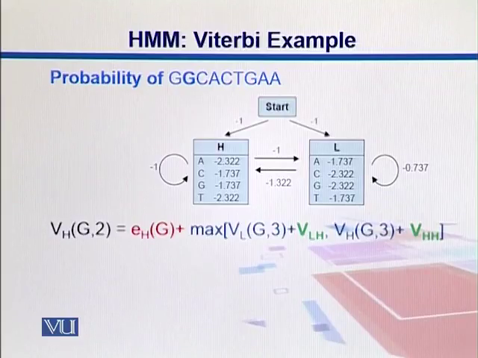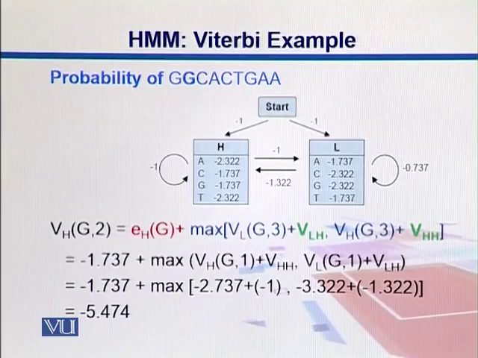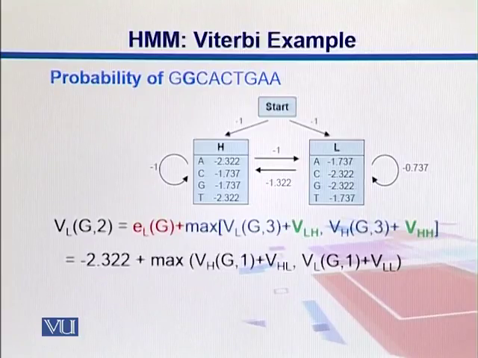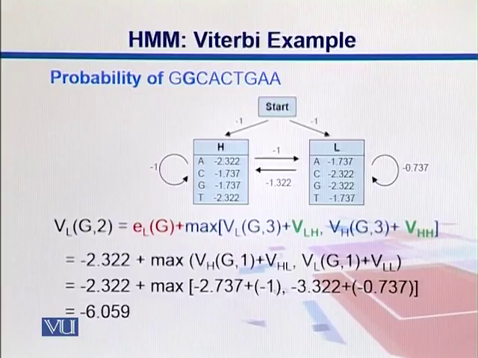With this, we can plug in the values and then sum them up, and in the end our number is -5.474. In the same way we can calculate for position number 2 the probability of getting a G from state L. So we plug in the values, we pick the maximum among these two, and our answer sums up to -6.059.